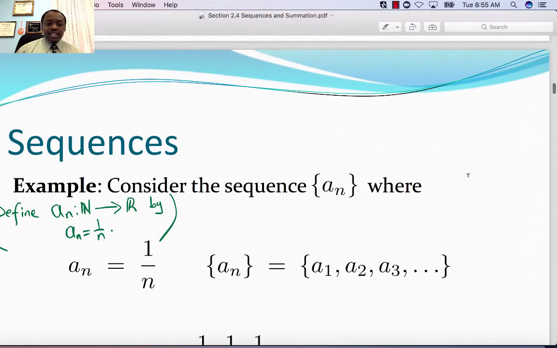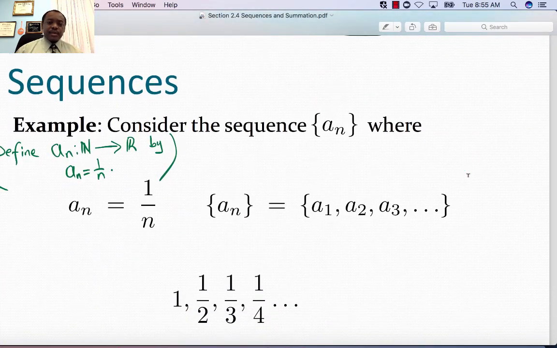Okay, let's proceed and look at an example. Consider the sequence {an}. You see, this now is a sequence and not a term. So if I put it in braces in the set notation, that makes it a sequence. And if I write it out as an equals 1 over n, then that means the term in n, which in this case, because I'm starting from 1, will be the nth term.